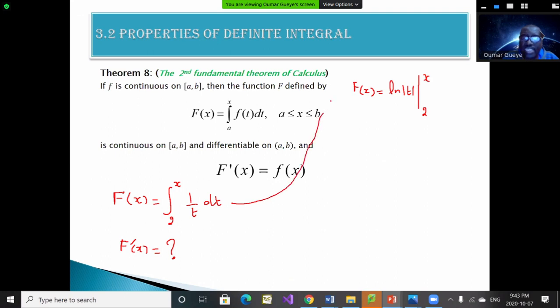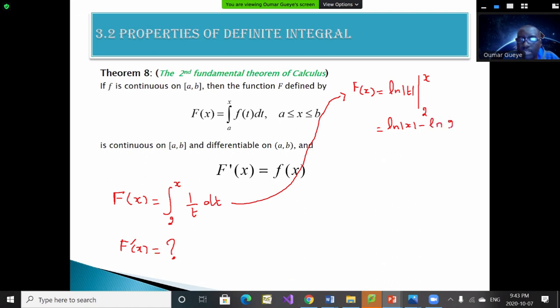Before calculating the derivative, I'm going to calculate this part first. When I get it, now I can differentiate it. Is it okay? Now I'm going to calculate it first and get ln of absolute value of x minus ln of 2.